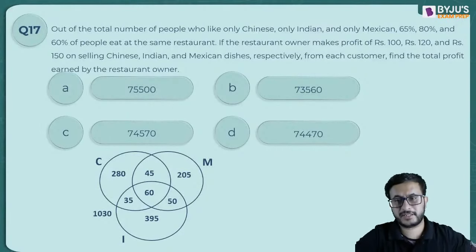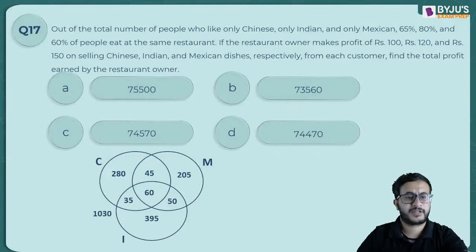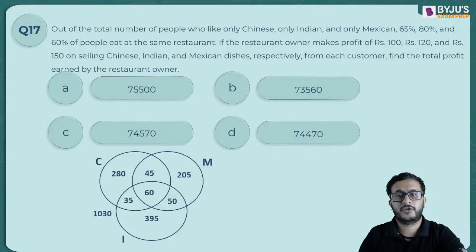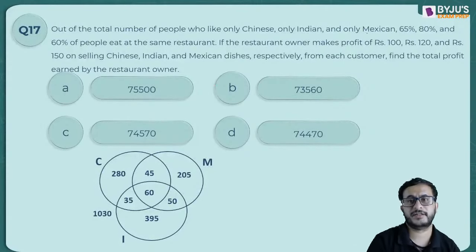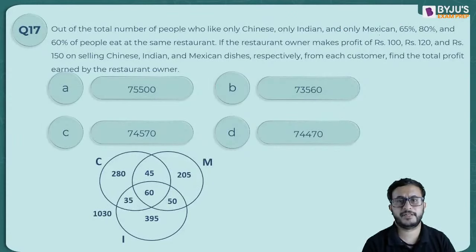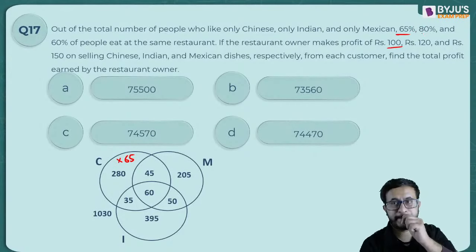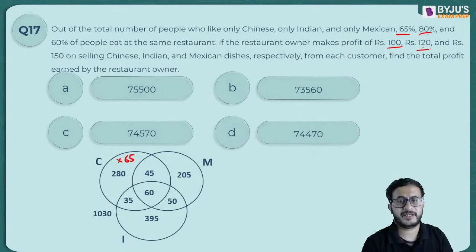So what did you get as the answer? Calculated this? Okay, so let us do this. कि देखो only Chinese, only Indian, and these profit is respectively. ठीक है, so 65% of 100 is 65. So Chinese को multiply कर देंगे 65 से. Okay, 80% of 120 is 96, and that is Indian, right?